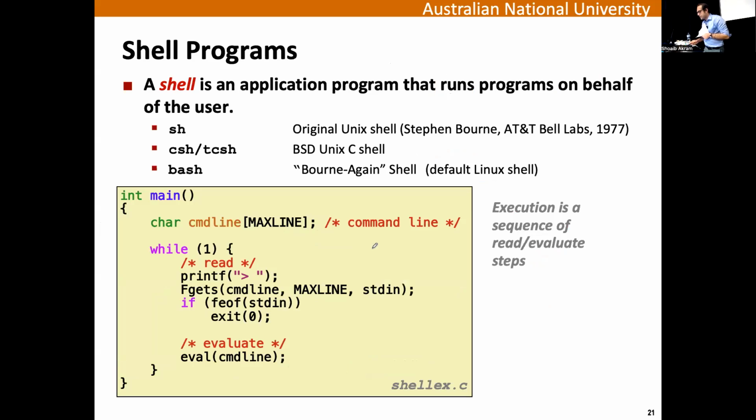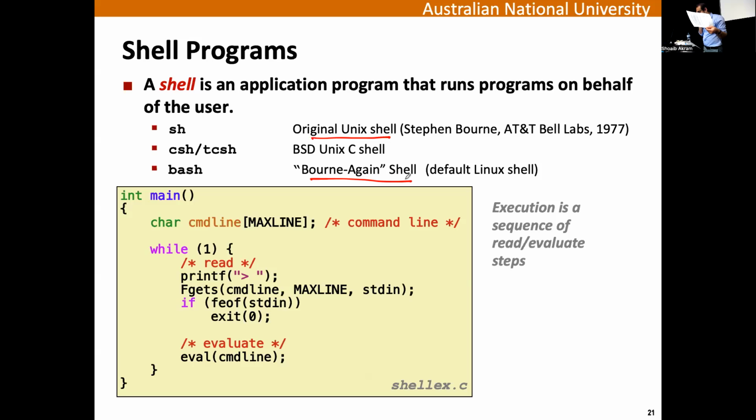C shell, TC shell, and Z shell are examples. Learning how the shell is implemented will help you think about how web servers and web applications are implemented when we move to the networking part.